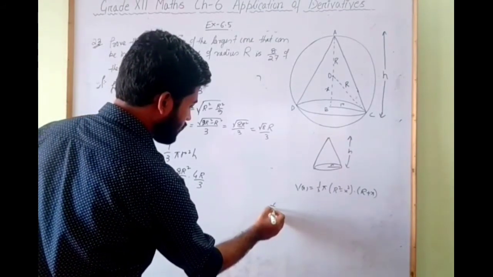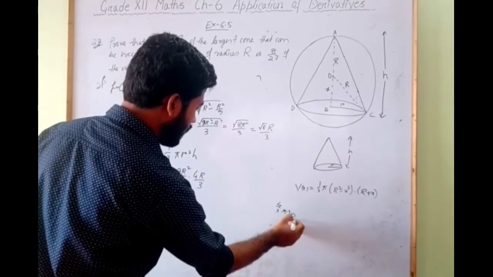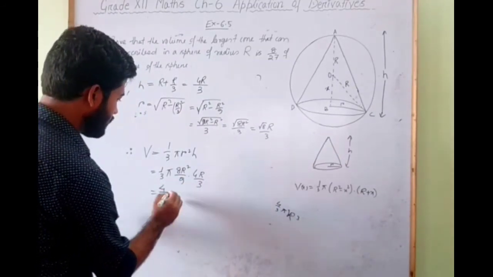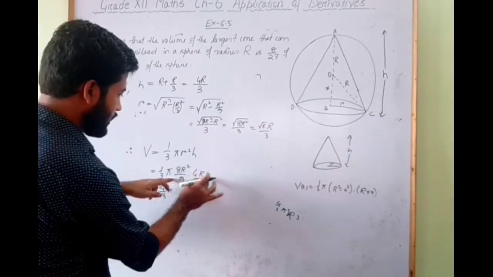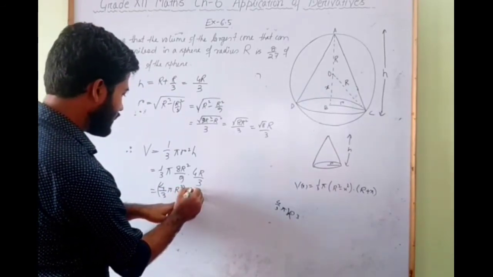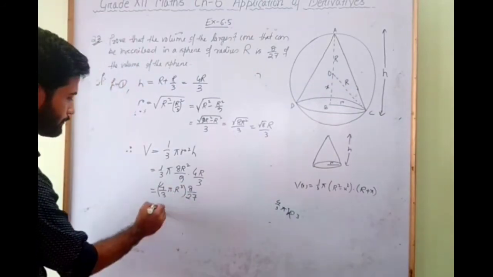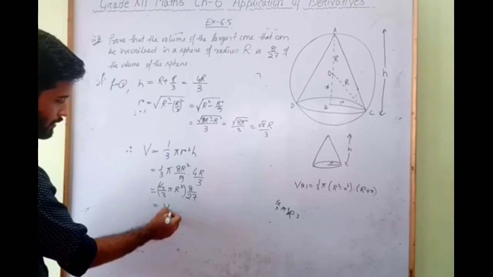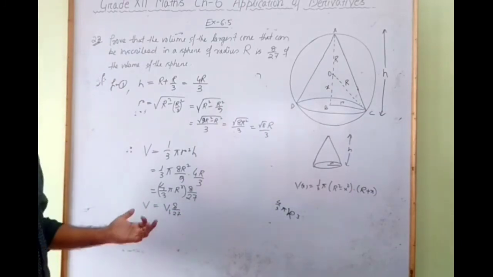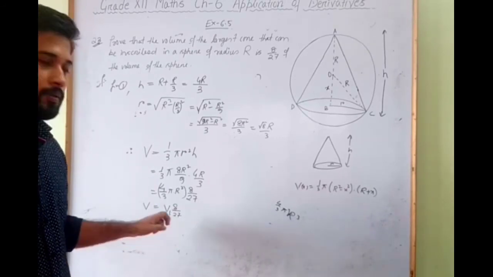It is given by 4/3 pi r cube. So we have the 4/3, we have the pi here, r square and r gives us r cube. This is the volume of the sphere, and the remaining things are an 8 here, and 9 into 3, 27. So if I consider the volume of the sphere as V1, then this is equal to 8/27 V. So we have proved that the volume of the cone is equal to 8/27th of the volume of the sphere.